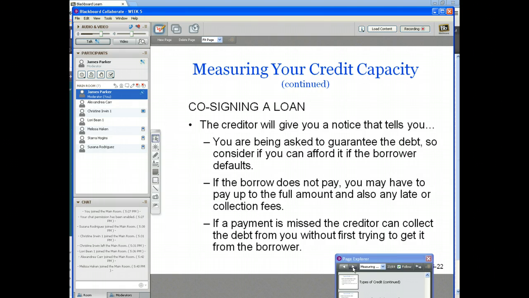So if that person flakes for any reason, and it could even be medical issues, it could be the greatest guy in the world, but people sometimes have problems, and you signed off on that debt, so it is yours. By the time they actually come to you for this loan, it's probably more than you co-signed for, because there have probably been a lot of late fees and collection fees racked up.